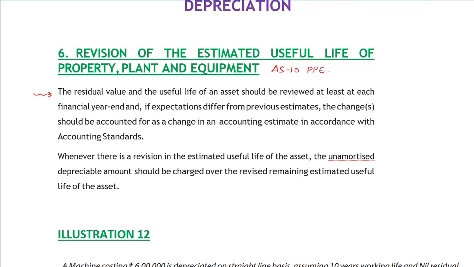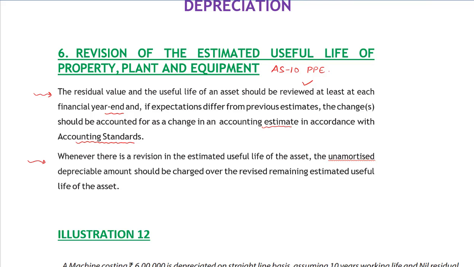The residual value and the useful life of an asset should be reviewed at least each financial year end, and if expectations differ from previous estimates, the changes should be accounted for as a change in accounting estimate in accordance with the accounting standard.